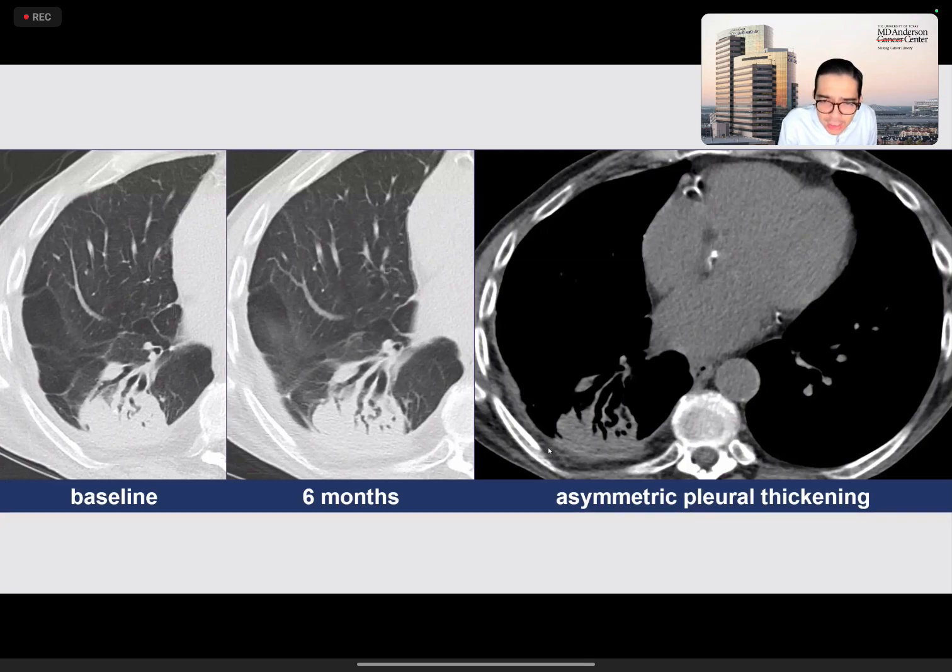Not only that, but the extrapleural fat is expanded. Look at the extrapleural fat here compared to the other side. This is the extrapleural fat right here. And compare that to this side, which is very thin. When you have expansion of the extrapleural fat like this, that is a very good sign that the process you're looking at is chronic, okay?